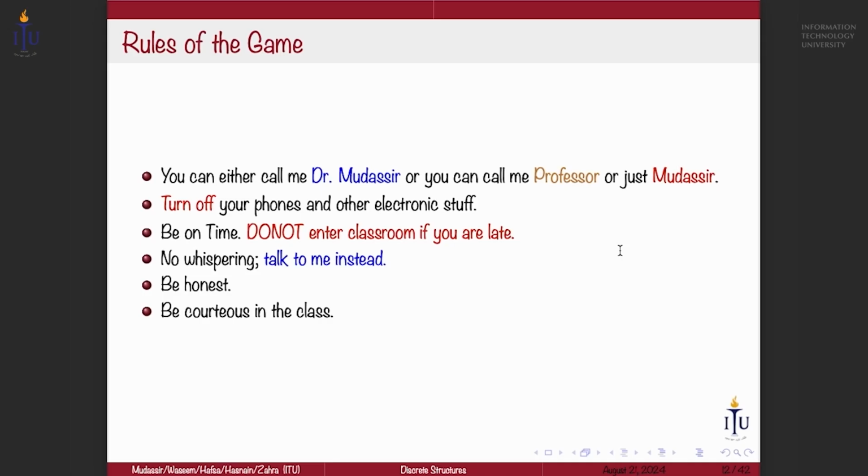The second rule is that you are going to have your cell phones turned off during the whole of this class. Not on silence, but turned off. Turn them off right now. Go ahead.